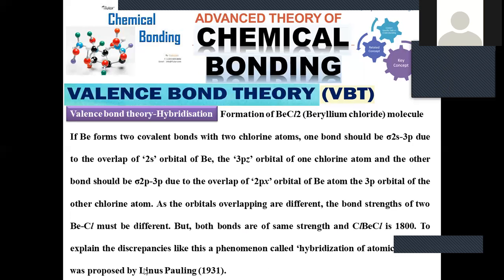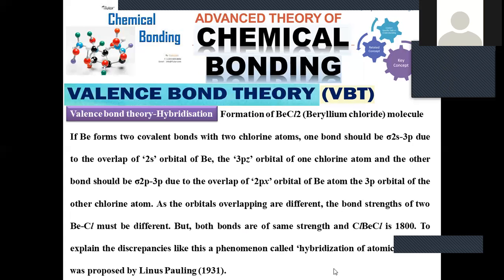Hybridization is the concept given by the scientist Linus Pauling in 1931. Linus Pauling mainly proposed that hybridization is nothing but mixing of atomic orbitals, which leads to equi-energetic, equi-sized, and equi-shaped orbitals, which give uniform bond angles and bond lengths.